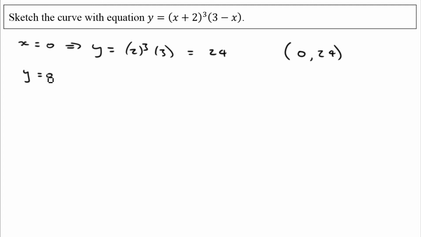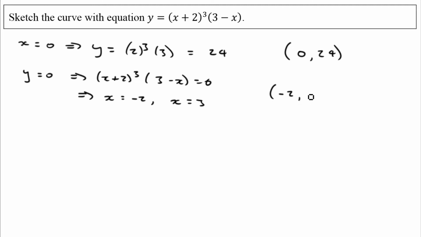If we were to put y equals 0, we can see that (x plus 2) cubed times (3 minus x) is 0, so therefore either x is negative 2 or x is 3, and we have intersection points at (-2, 0) and (3, 0). But the first of these points is repeated 3 times. We could say it is a 3 times repeated root.